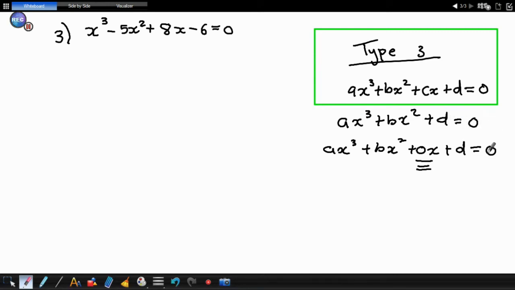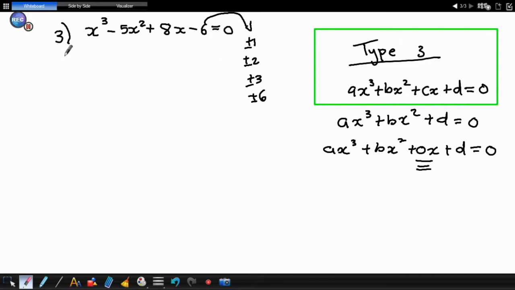So if you are doing it by inspection, the first thing that you need to do is find the factors of 6. So you have plus or minus 1, plus or minus 2, plus or minus 3, plus or minus 6. What are you going to do with this? You're going to find a number or a factor that when you substitute into this equation, it gives you 0.